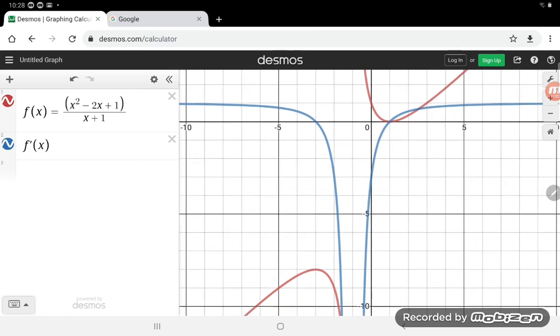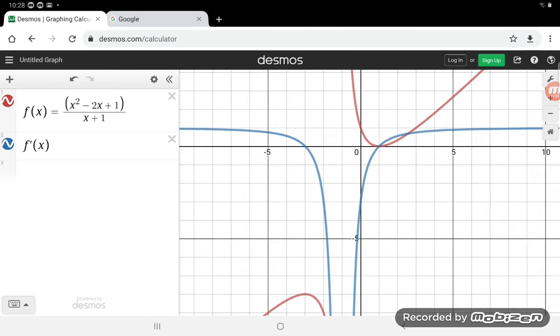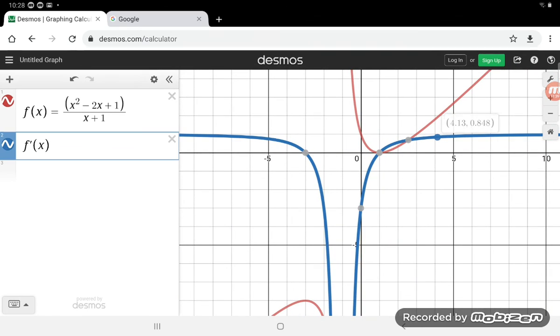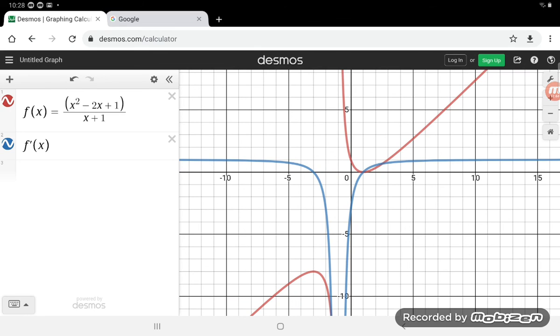We can see that better if I pull this up. So increasing at the left, then decreasing, and then we jump to this other curve, and it's decreasing still, and then increasing. So it went positive, negative, negative, positive, just like we found. So there we go. There is exercise 36.